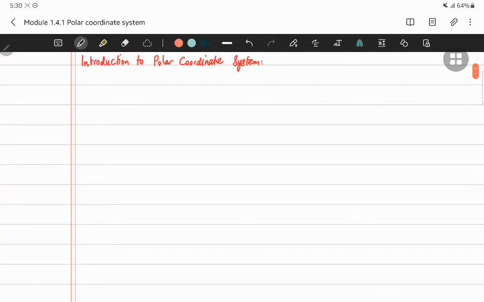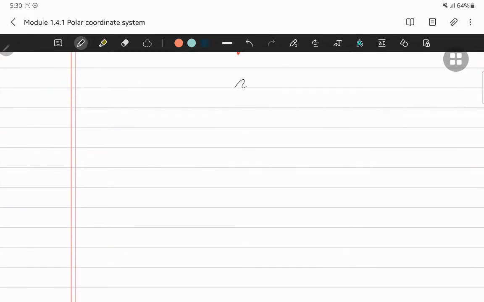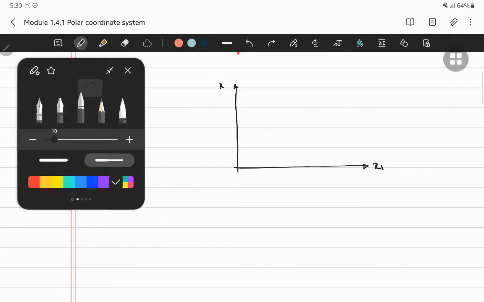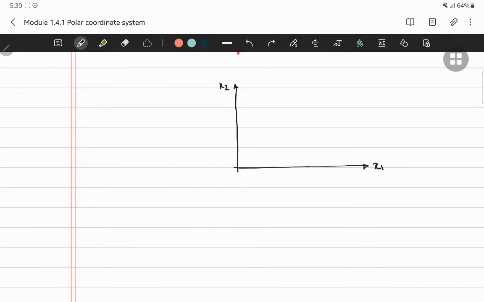So in the polar coordinate, we're going to have an introduction to this. In the Cartesian coordinate system, we had x1 and x2, and we also had two unit vectors. Maybe it's better to show it with another color.